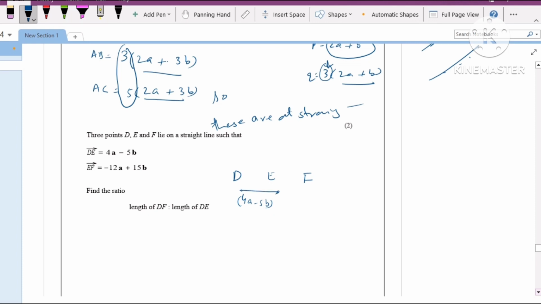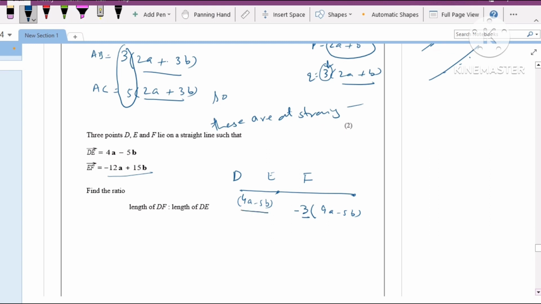From D to F, you can take 3 as a common. You can take minus 3 as a common, so minus 3 times 4A minus 5B. So this is the difference only between numbers.